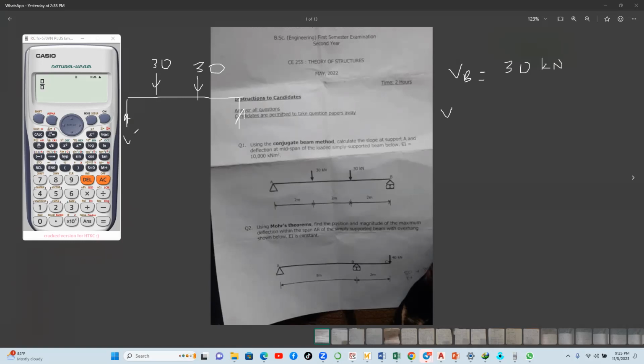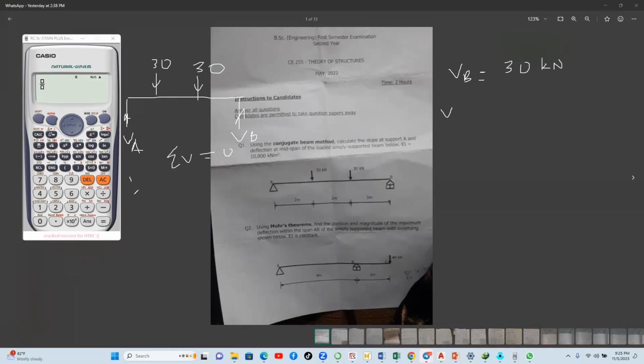So VA is here, my VB is here. And you said summation of vertical force equal to 0.